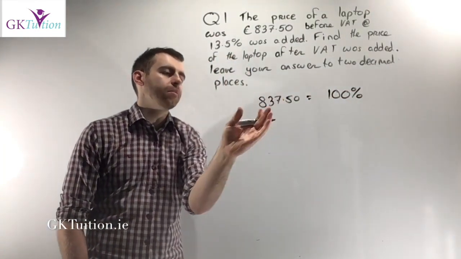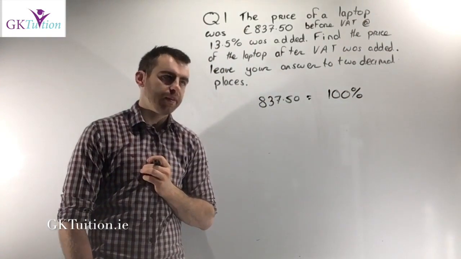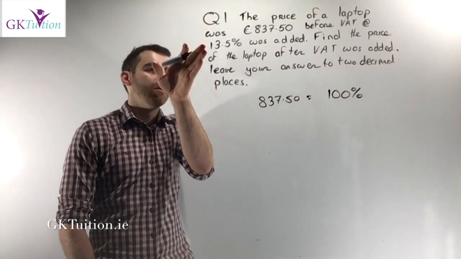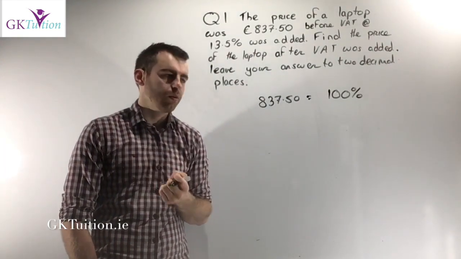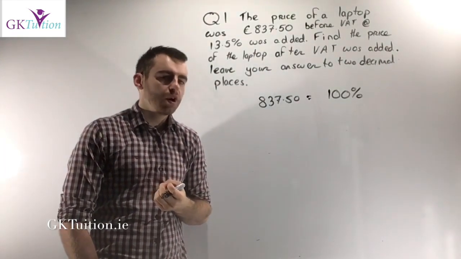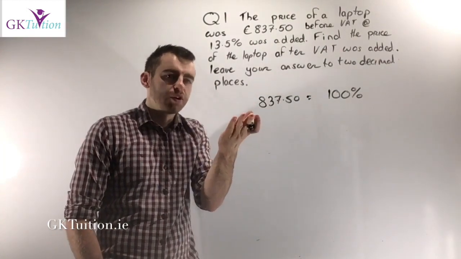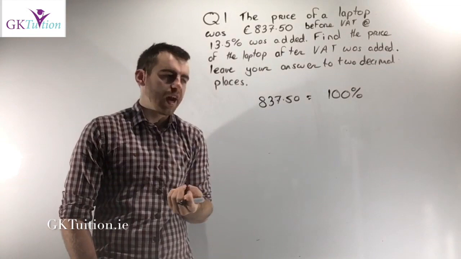100% of the price of the laptop is €837.50. But now I know that the company are going to add on 13.5%. So ultimately, I need to work out what is 113.5% of this value. Obviously, the company are going to charge a little bit more because of tax.